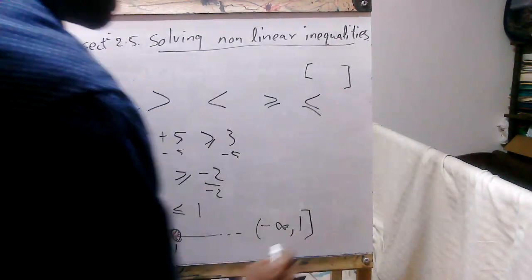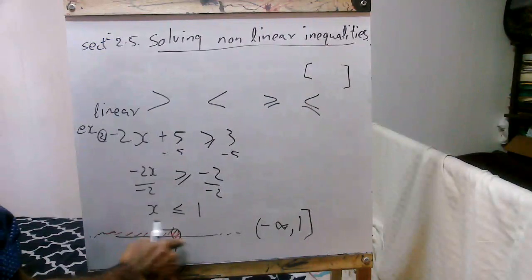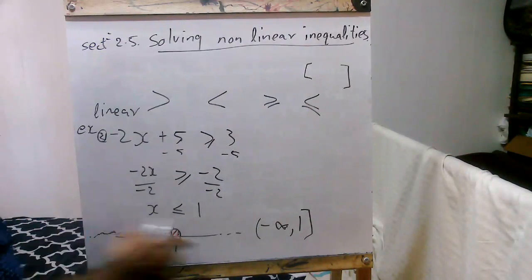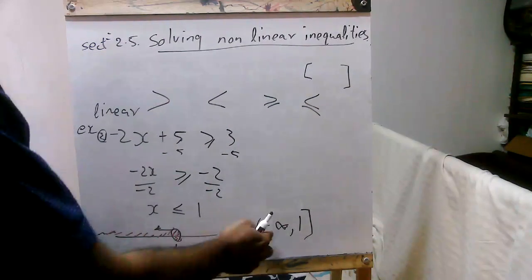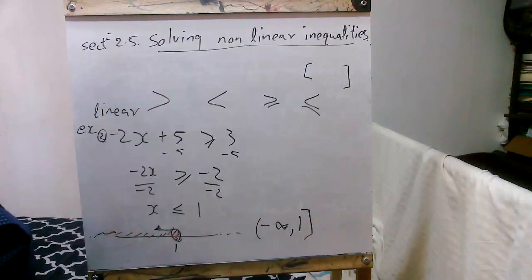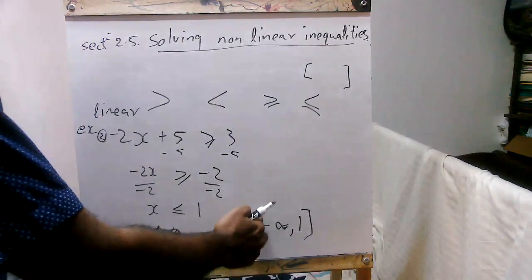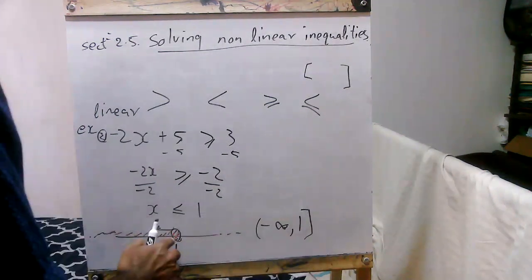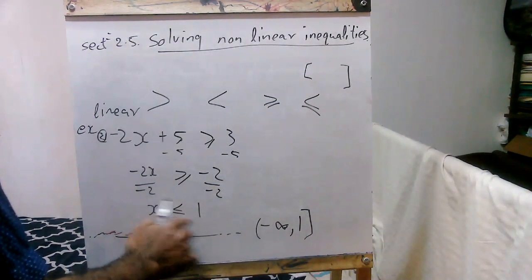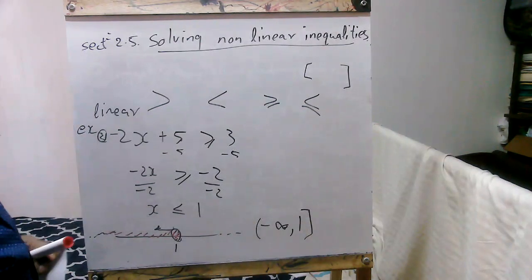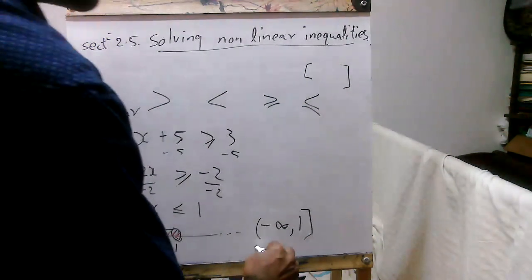You do a square bracket, this answer is included. Negative infinity, you do not include that because it is an indefinite number. Negative infinity to positive 1, since it is shaded, we do a square bracket, right? So this is the answer.